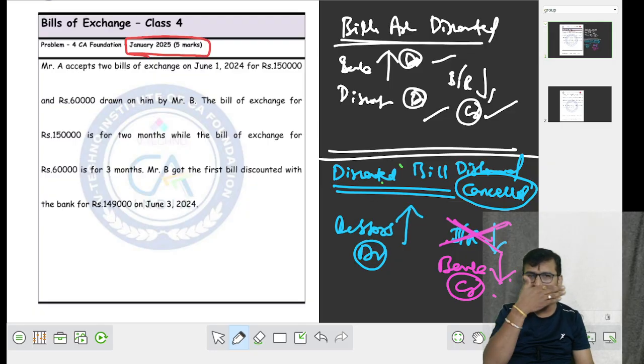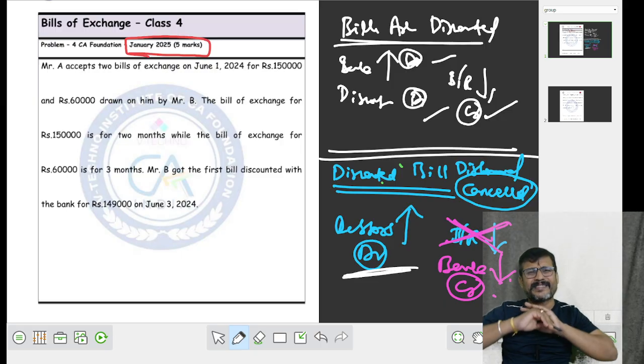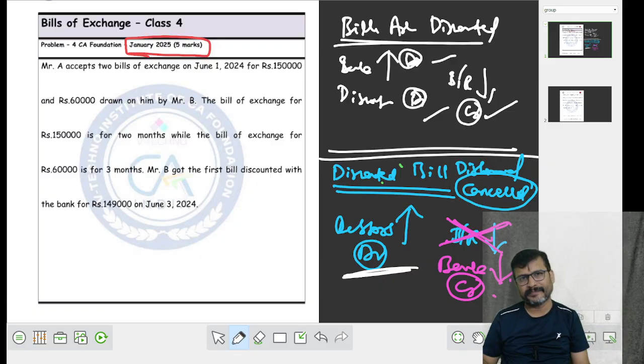Debtor will increase. Always remember that. It is 100% correct that when the bill is cancelled, when the bill is dishonored, your debtor will always increase. It is 100% guaranteed. No second thought.